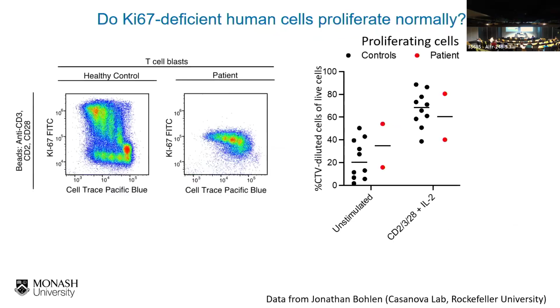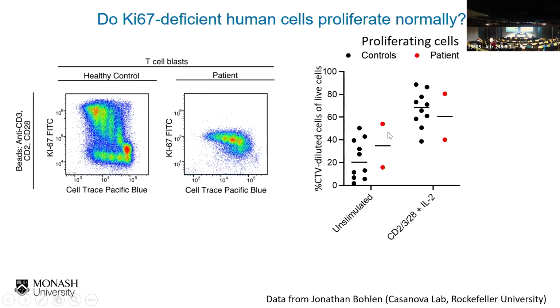And our collaborators did the same thing with human T cells. They cultured human T cells from the healthy controls and our patient's PBMC, stimulated again with the T cell stimulus, and looked at the CTV dilution of the patient cells compared to the healthy controls. As you can see here, the red dots do not mean 2 patients, okay?